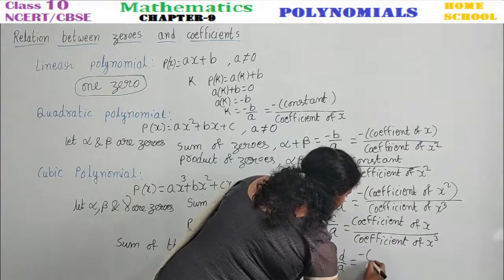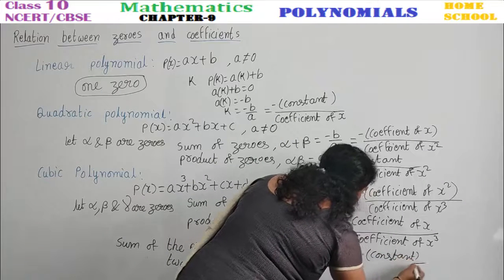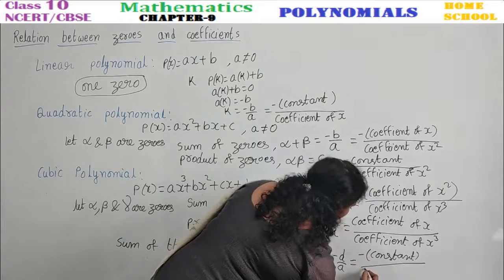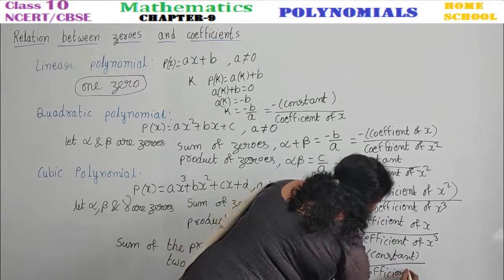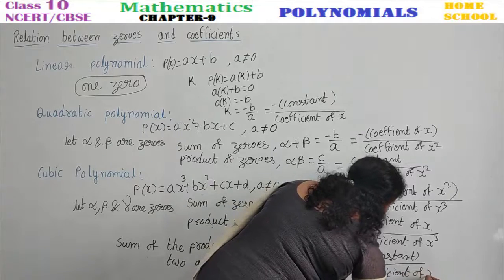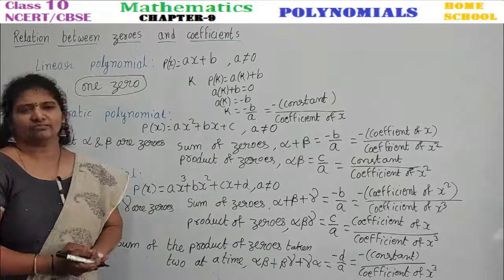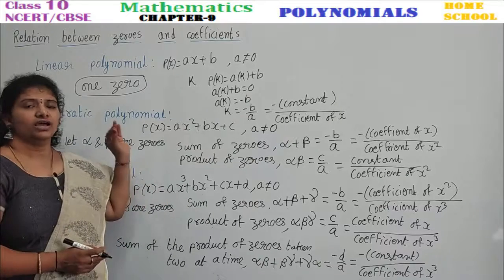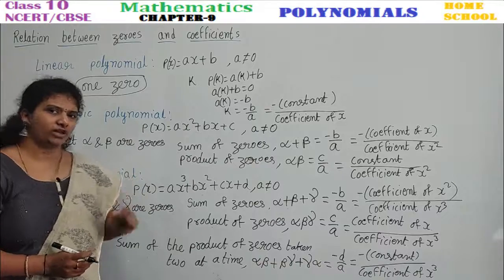Last term it is constant, children. Minus of constant by a. What is a? Coefficient of x cube. See here, observe carefully all at a time. These are all the relations between the coefficients and zeros. You should remember this all carefully.